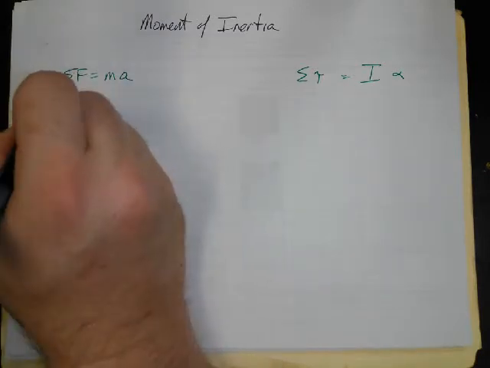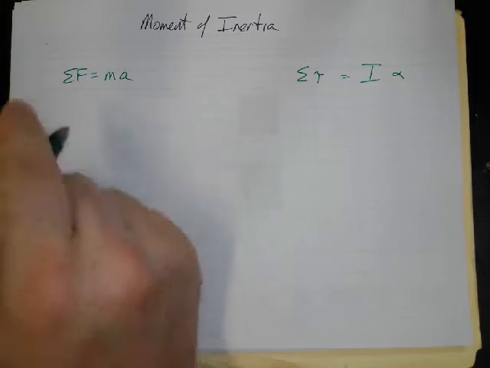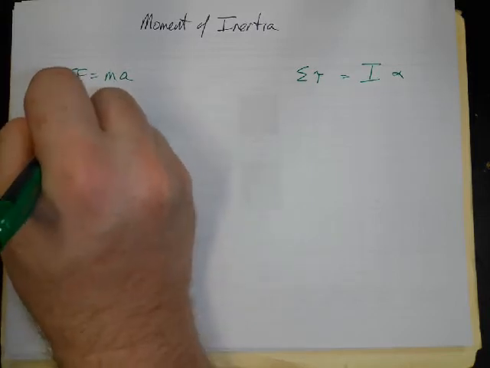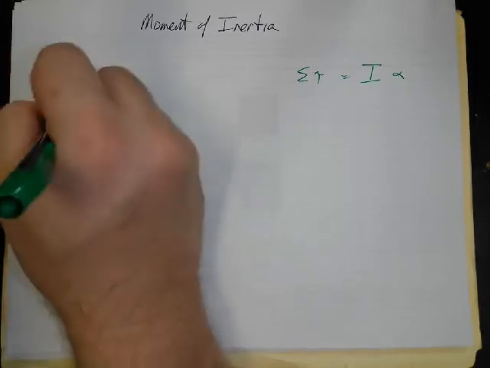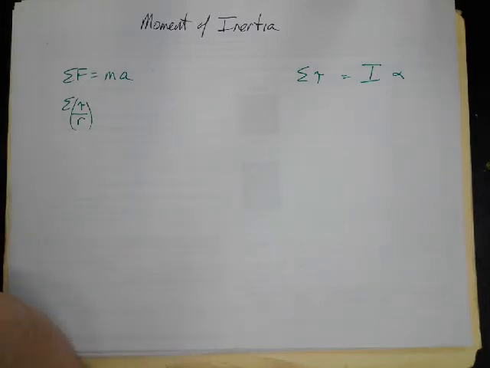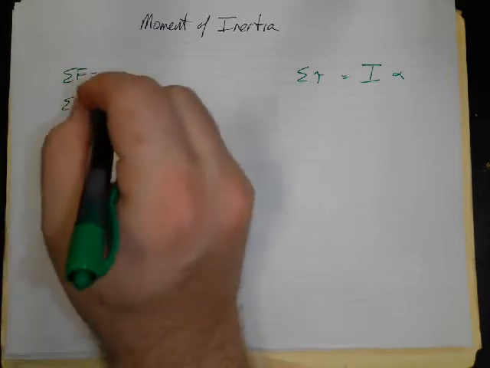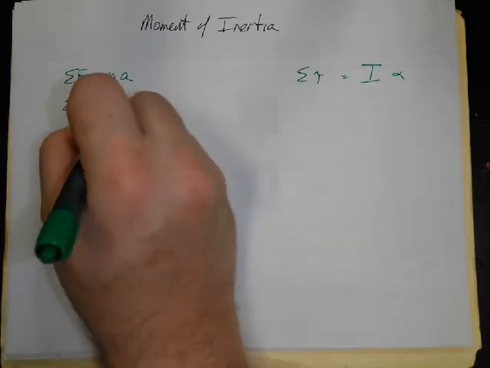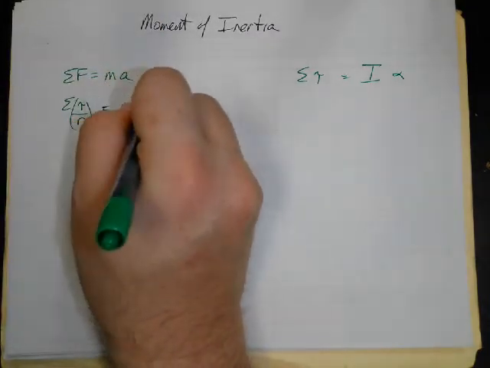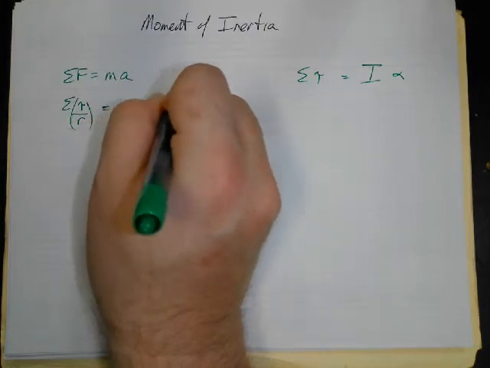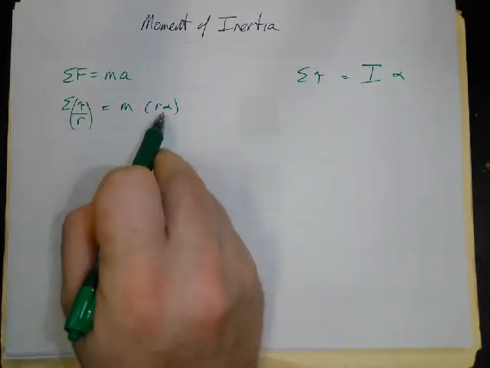We can arrange this. The force here is, hand wavy, the sum of the torque over the radius. Not exactly right, because we haven't defined division by vectors, but bear with me a minute. Then we have the mass times r alpha for the angular acceleration.